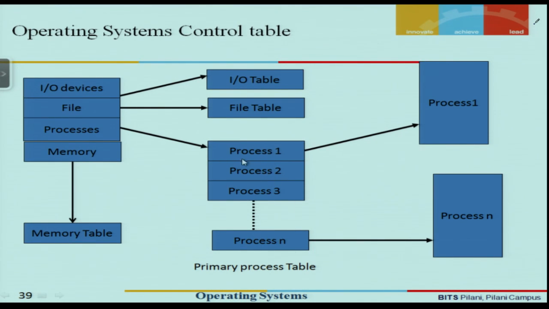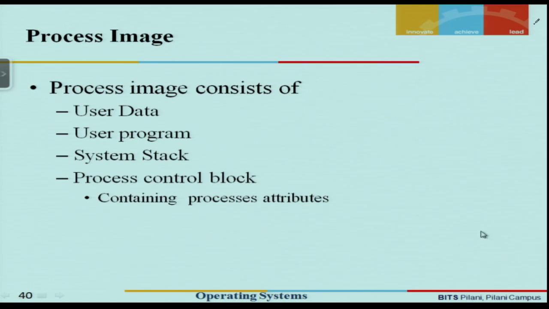Each of the processes would actually be pointing to what we call a process image, the actual process. We will see what the meaning of a process and process image is. A process image consists of the user data and the user program.